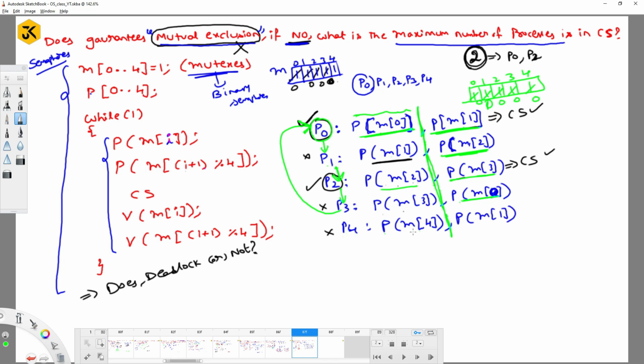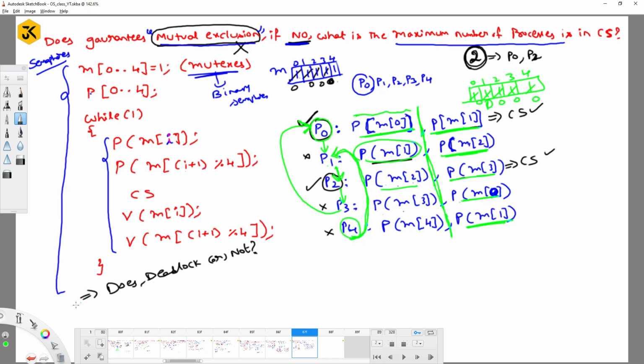Now try to observe: P4 wants to continue its execution. It has to get permission from P of M1, which is held by P1. So P4 will depend on P1. Once P1 completes execution, then P4 is allowed.